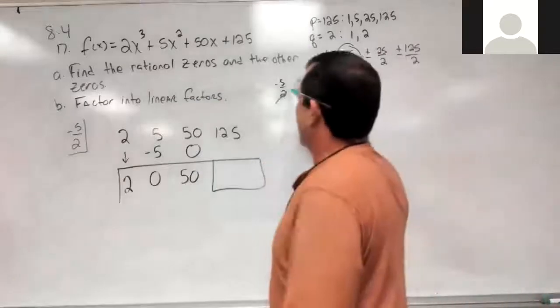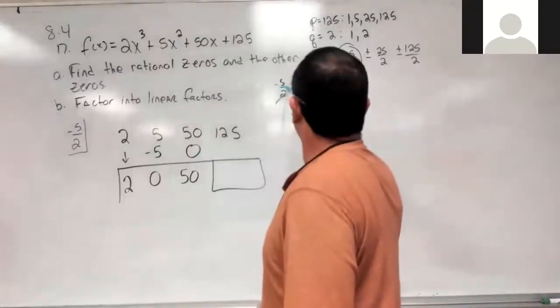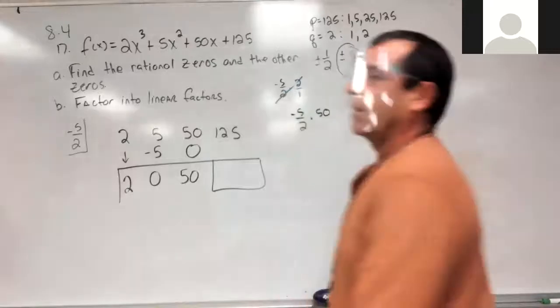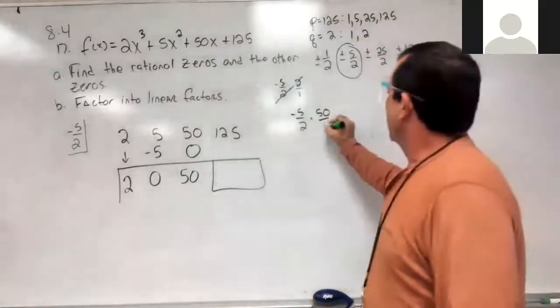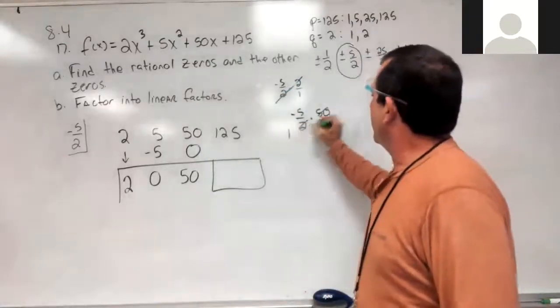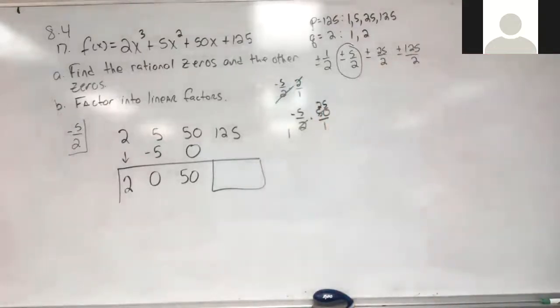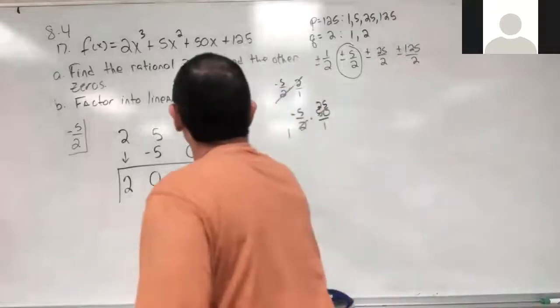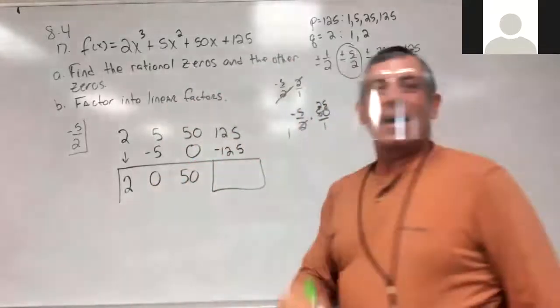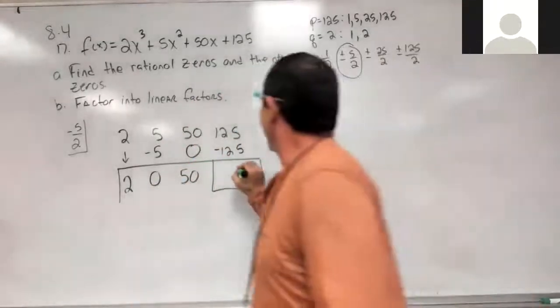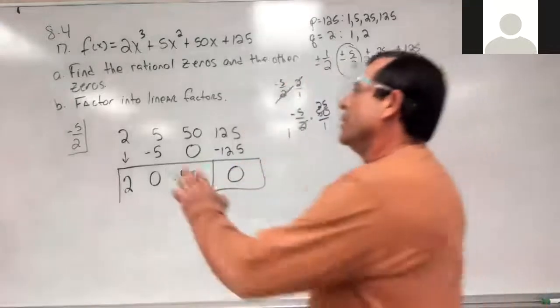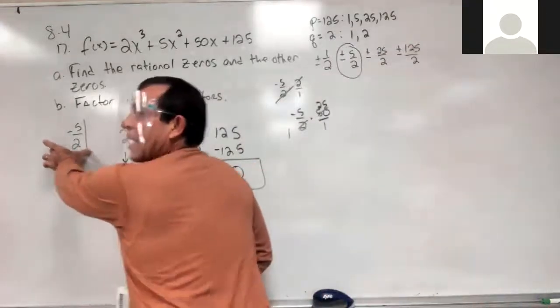And then let's see, we got negative 5 halves times 50. Well, guess what? 50 and 2 will turn into a 1 and a 25. And guess what? 5 times 25 negative is a negative 125, which gives me a remainder of 0. So we know the first zero is going to be the negative 5 halves.